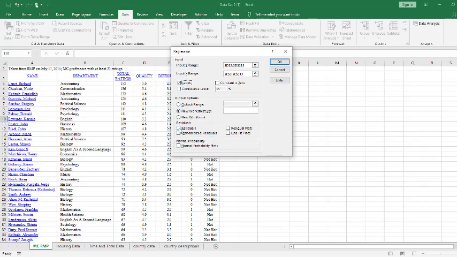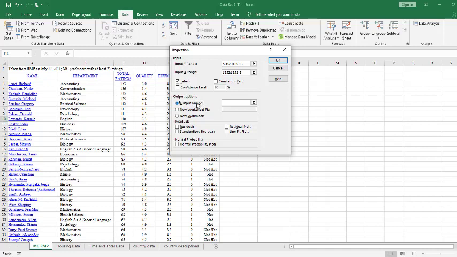You can, if you want to, click the residuals. It will tell you the residuals for all observations. We don't have to do that yet. These other things you don't necessarily have to worry about, but you do have to worry about this output range. This will tell us where it's going to output the results, just like we saw with the correlation table. I like to hit output range because I want to have it on the same worksheet.